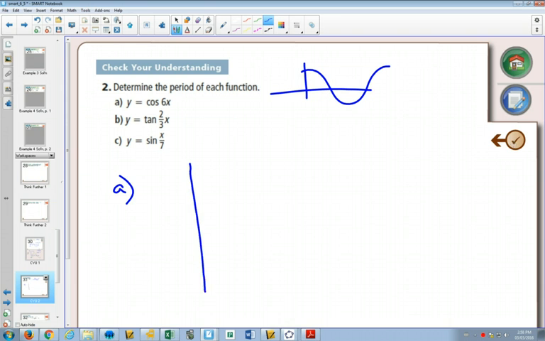As far as being able to draw that out quickly, we're going to do the following. First of all, we know that's not going to affect our maximum or our minimum or our amplitude. It's still going to go from 1 to negative 1 if you squish it like an accordion. But normally, right here, one period was 2 pi.